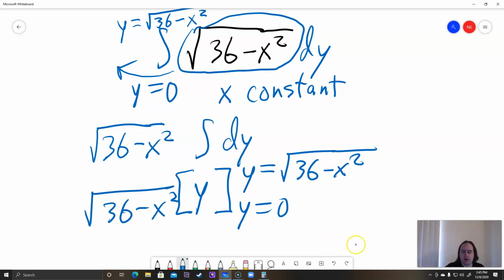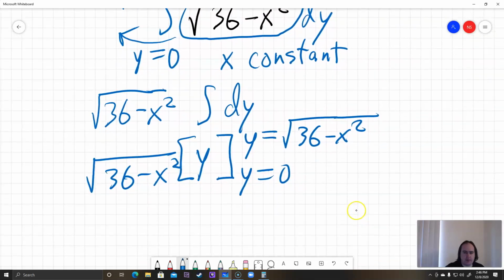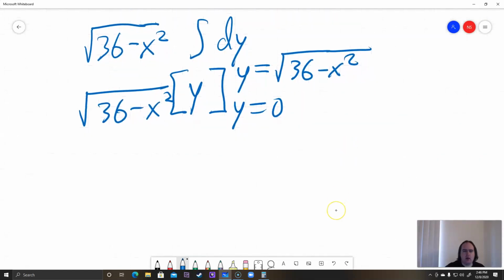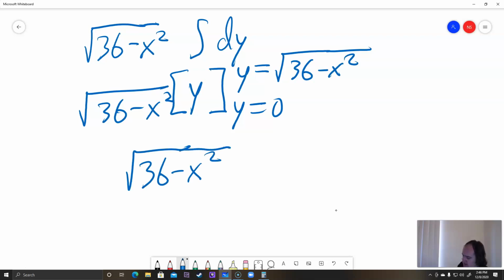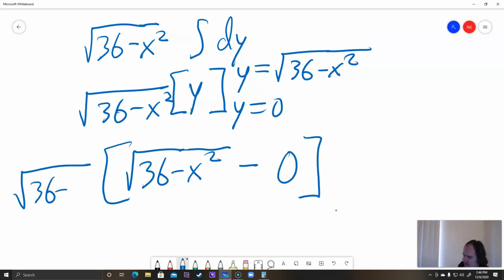Okay, so we're still working on the middle integral. Okay, so plugging in the top first, we get the square root of 36 minus x squared minus 0. And then we still have a square root of 36 minus x squared out front.